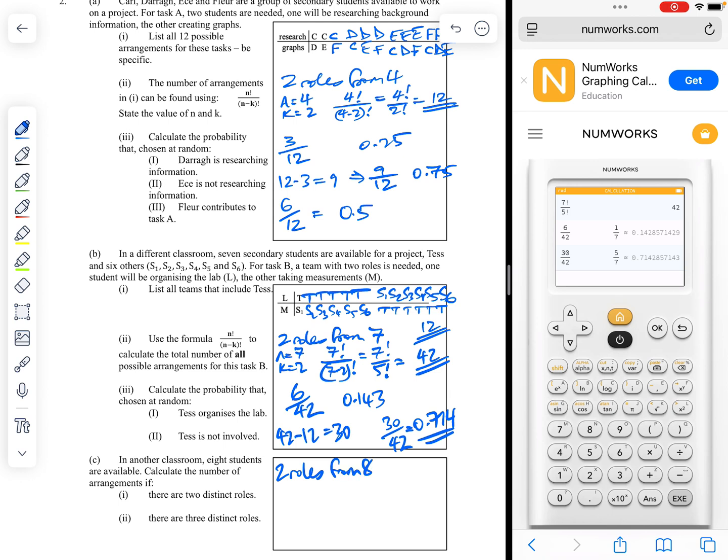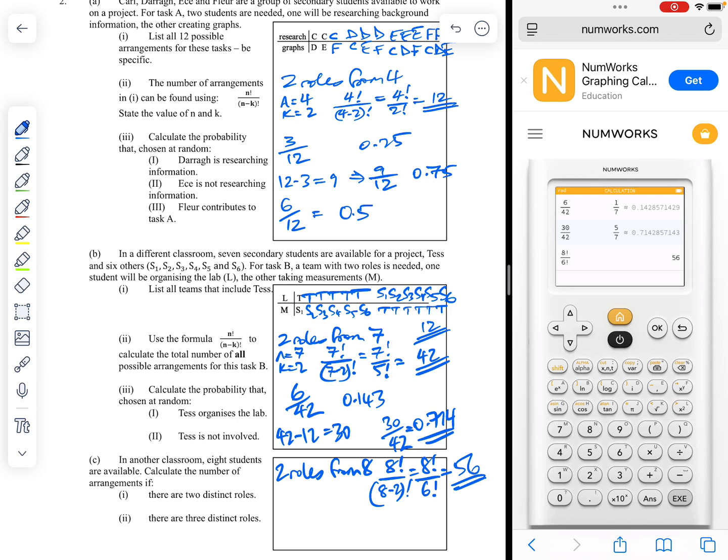So with our permutation formula, it's 8 factorial over 8 minus 2, 8 factorial over 6 factorial, which is going to be 8, toolbox, factorial, move across, divided by 6, toolbox, factorial, and we get 56. So if you're taking 2 people out of 8, there would be 56.